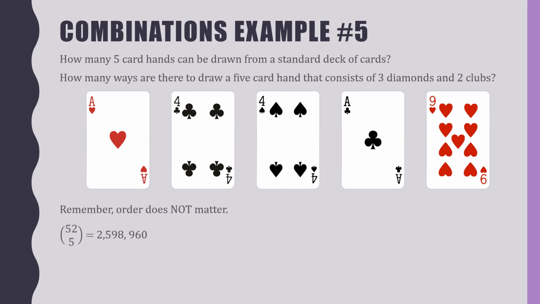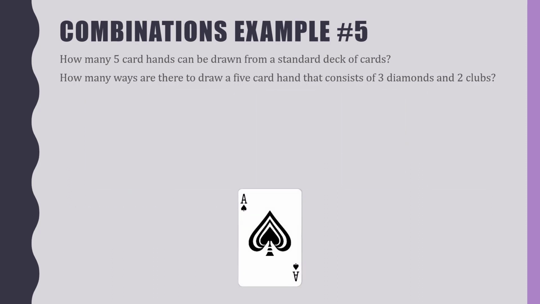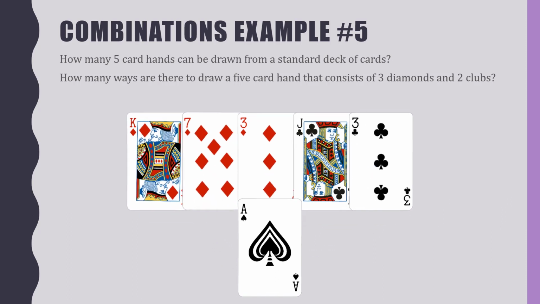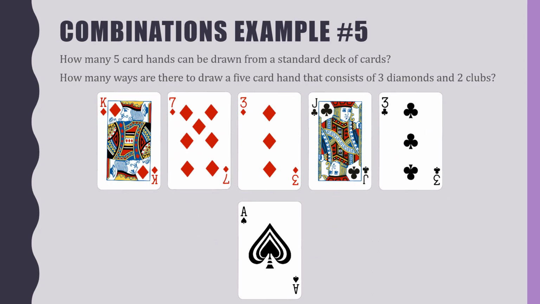Okay. So now, next one, how many ways are there to draw a 5 card hand that consists of 3 diamonds and 2 clubs? Some information that you may not know about a deck of cards if you're not much of a card player. Every suit has 13, there's 13 diamonds, 13 hearts, 13 clubs, and 13 spades, right? So let's take a look at a hand here. This is one possible hand that fits the requirement, right?